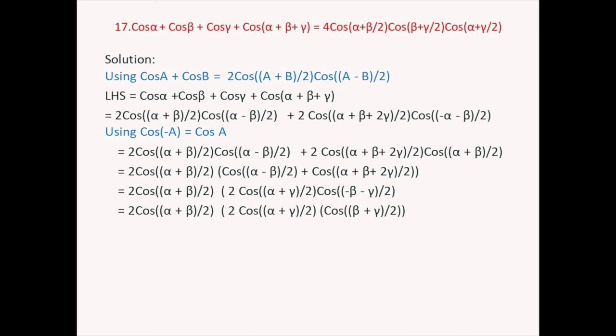Again, using the identity cos of minus a giving me cos of a, I am arriving at the step 2 cos of (alpha plus beta) by 2 times 2 cos of (alpha plus gamma) by 2 cos of (beta plus gamma) by 2, and this now gives me 4 times cos (alpha plus beta) by 2 cos (beta plus gamma) by 2 cos (alpha plus gamma) by 2, which is equal to the right hand side. So again left hand side is equal to the right hand side.